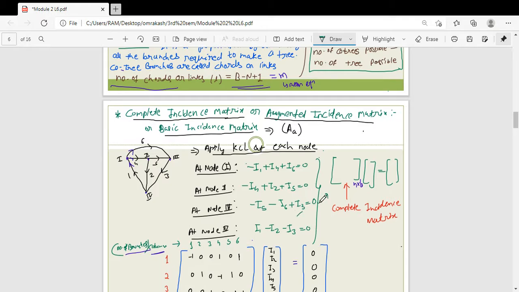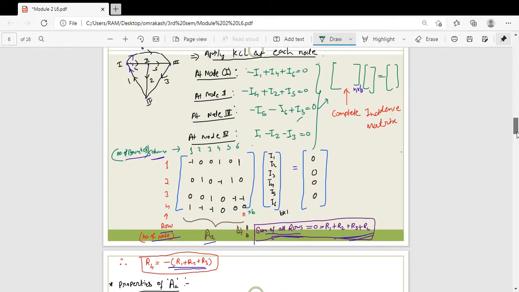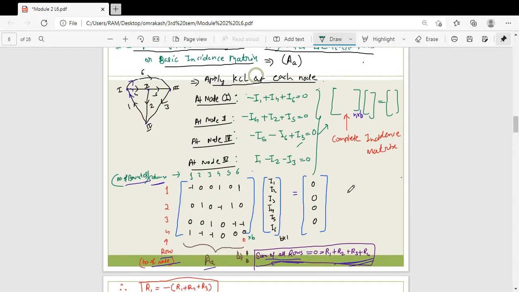Now you have to represent these equations in matrix format. The order of that matrix is number of nodes, number of rows into columns. So rows represent your nodes and columns represent your branches. And this is called your complete incidence matrix.